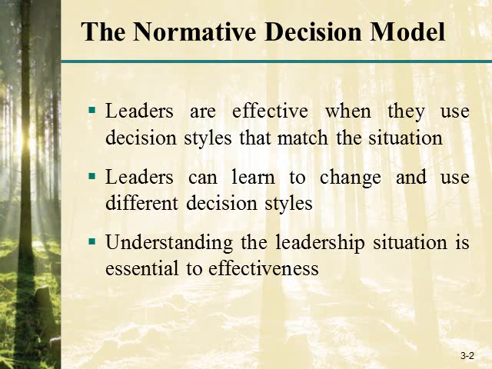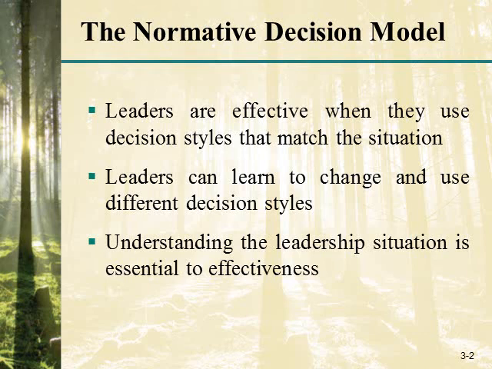Let's start with the normative decision model. Leaders are effective when they use decision styles that match the situation. Sometimes they face a situation, so they match their style to the situation. Depending on the situation, they will try to use a certain style that may match.